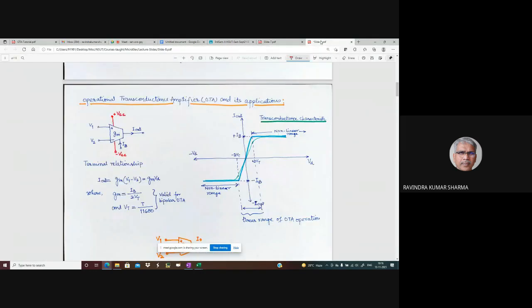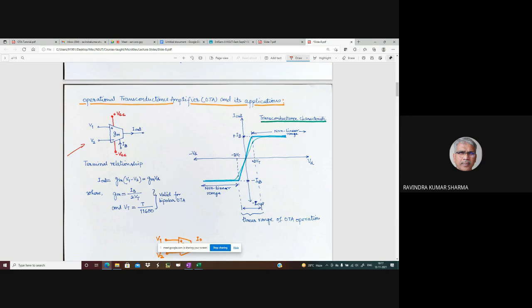Okay, so now this OTA is shown here. Symbolically, OTA has been shown in this diagram, where the output is current and the input is differential voltage V1 minus V2.